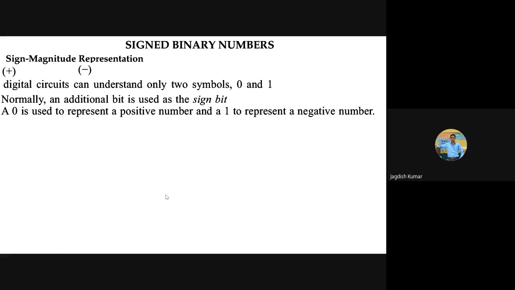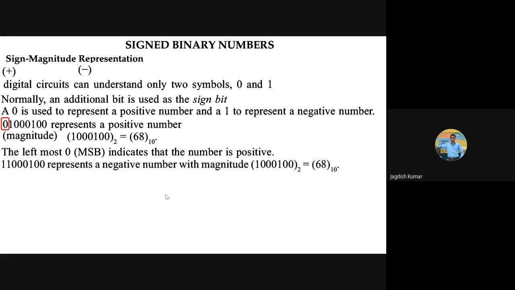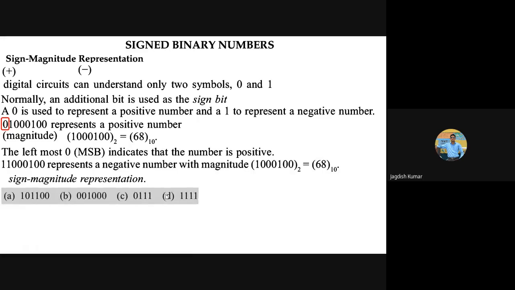If the sign bit is 0, the number is positive, and if the sign bit is 1, then the number is negative. So this we already discussed yesterday. This example also we did.